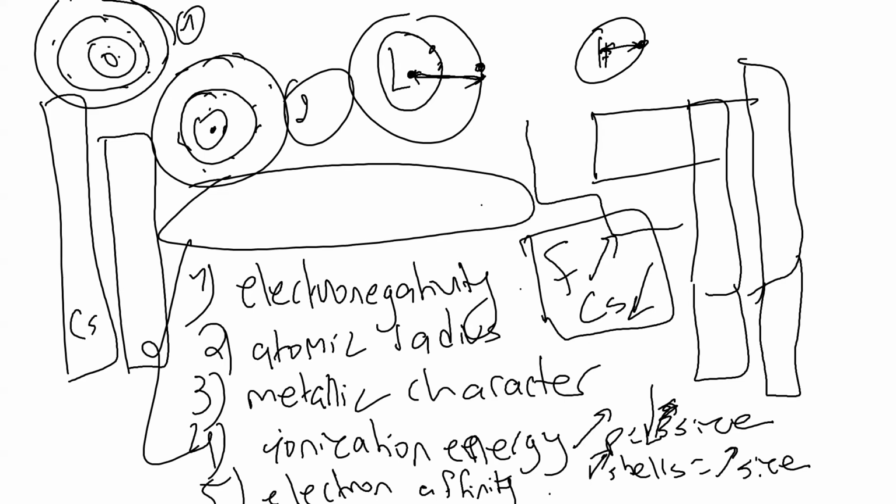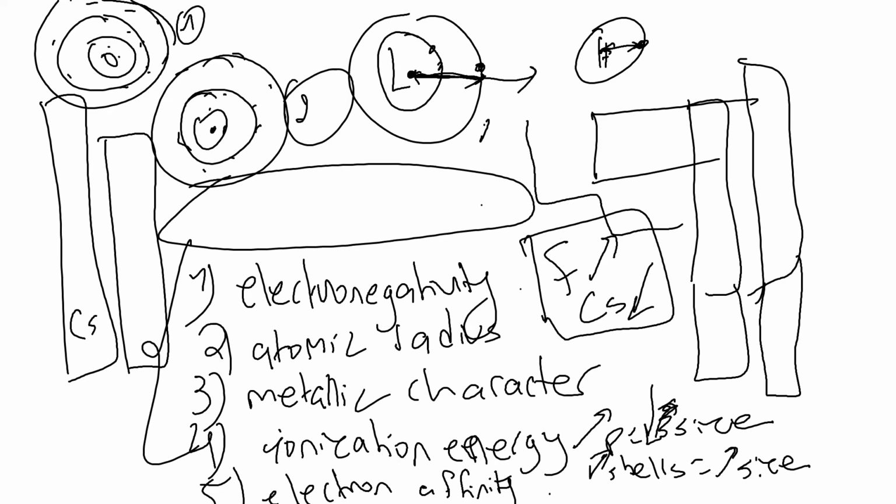Now, the more electrons we have, and the more shells we have, of course, we're going to have a bigger size. This is normal. Why? Because more shells will increase the atomic radius and the size of the atom, because you're going far from the nucleus.